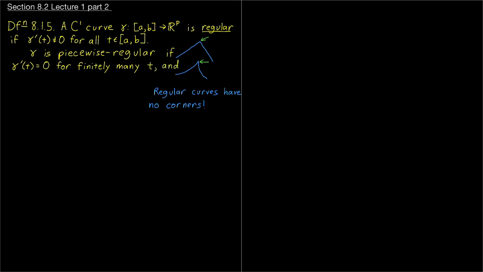One other piece of weirdness I want to disallow, that's why I wrote an "and" there. I want to disallow something like a spiral point. So gamma of t is something like (t cosine 1 over t, t sine 1 over t).